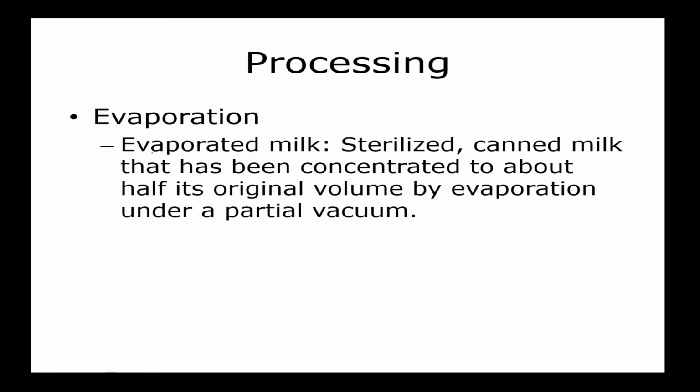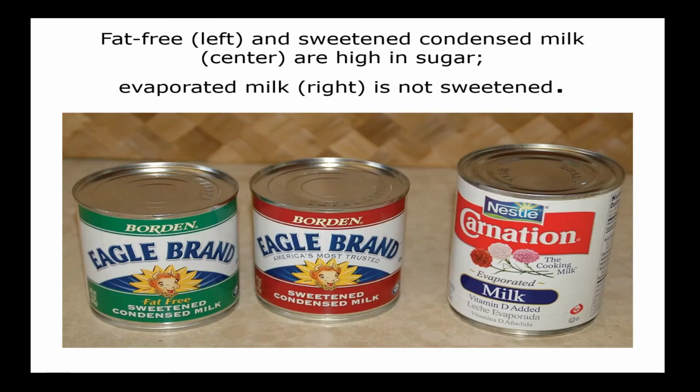So talking about evaporated milk, it's a sterilized canned milk that has been concentrated to about half its original volume by evaporation under a partial vacuum. I'm giving you some pictures, as you can see here.